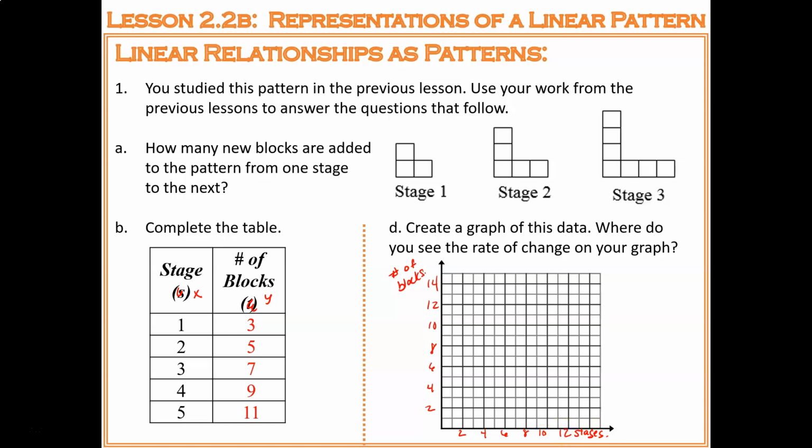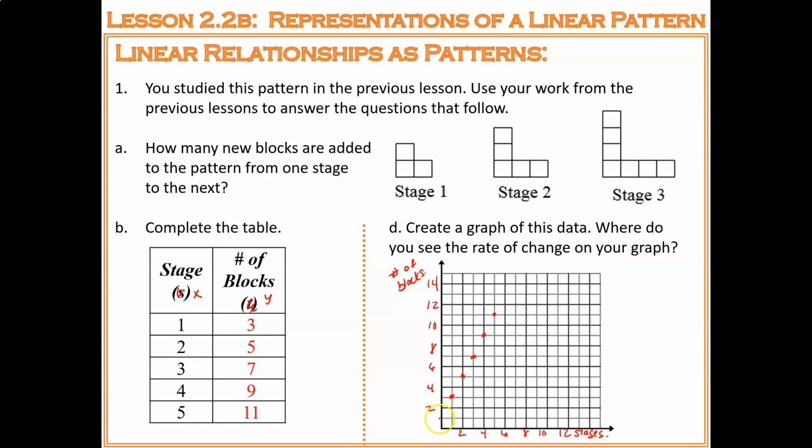All right. So at stage 1, I have 3 blocks. So at stage 2, I have 5. At 3, I have 7. At 4, I have 9. At 5, I have 11.